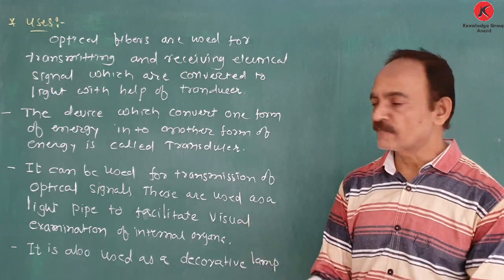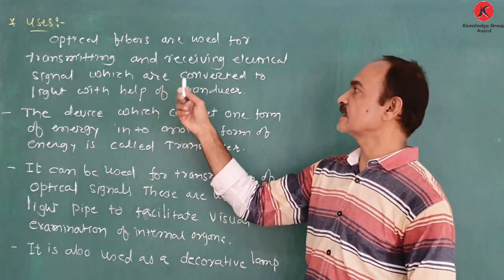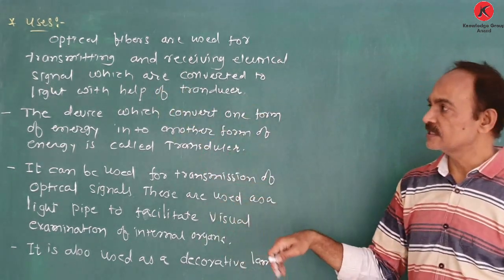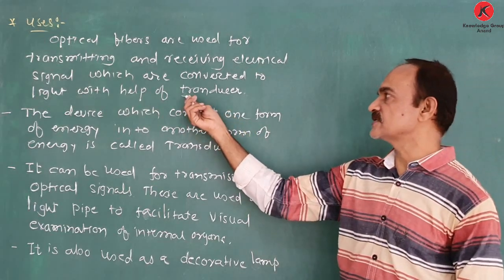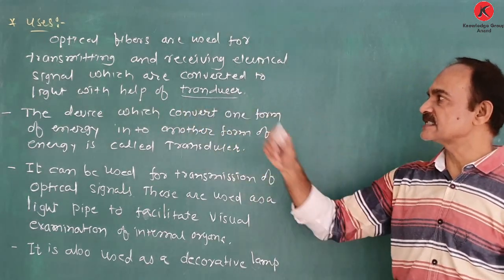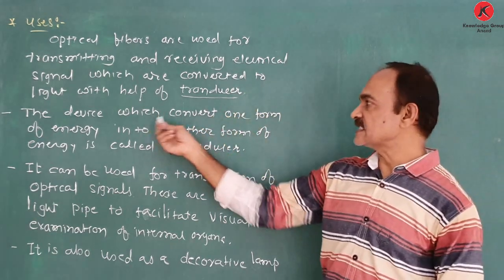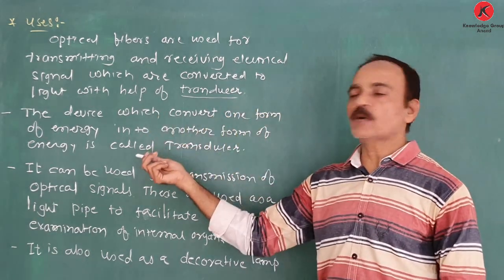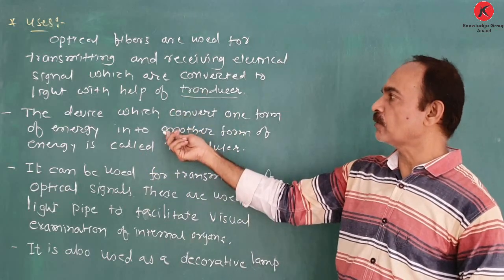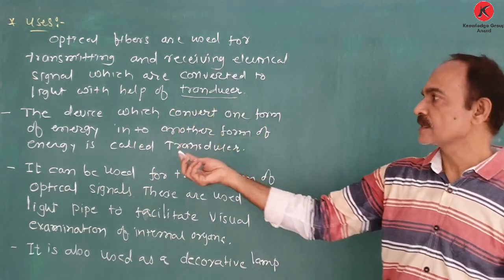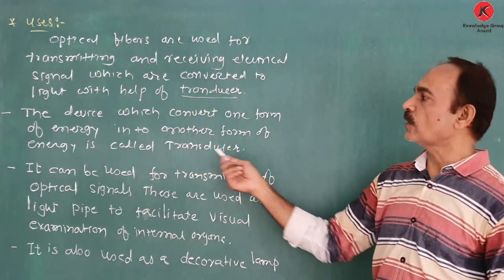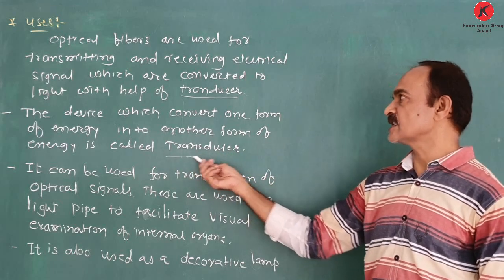Therefore, we have to convert this electrical signal into light waves. For that purpose, a simple device is used. This device is known as the transducer, which converts one form of energy, here electrical energy, into light energy. A device that converts energy into another form of energy is known as a transducer.